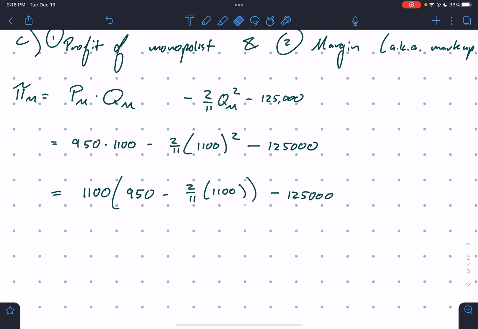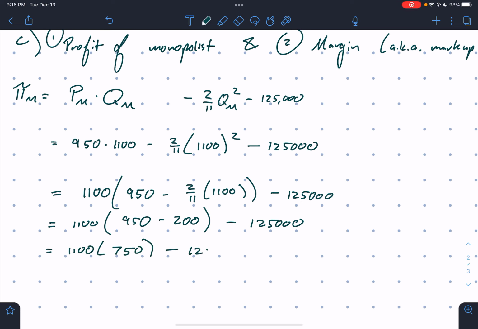And this is going to be a bit easier to solve. So this is 1100 times 950 minus 200, minus 125,000. So this is 1100 times 750 minus 125,000.